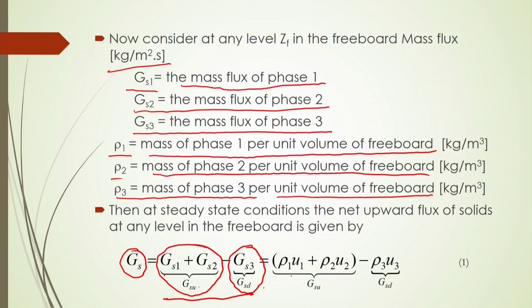Here GS1 is defined as rho 1 into U1 and GS2 as rho 2 into U2, which are the upward mass flux of the solid, and rho 3 U3, that is GS3, is the downward mass flux of the solids in the freeboard.